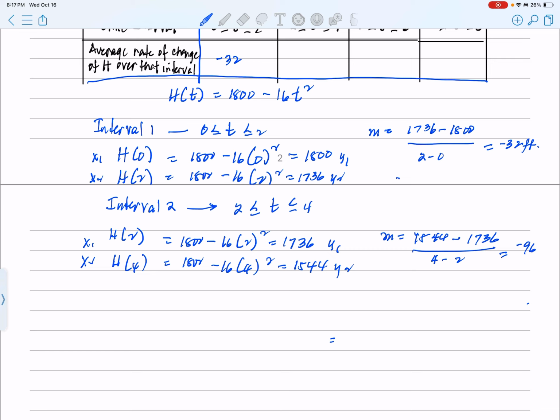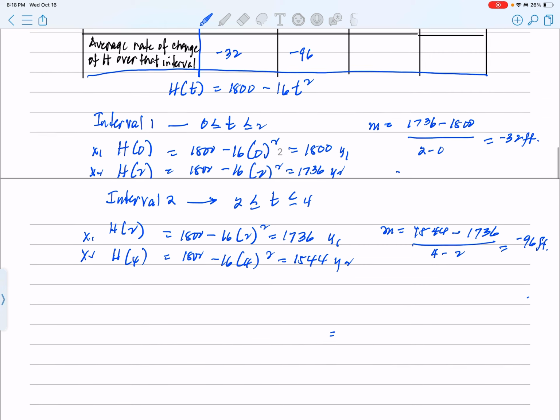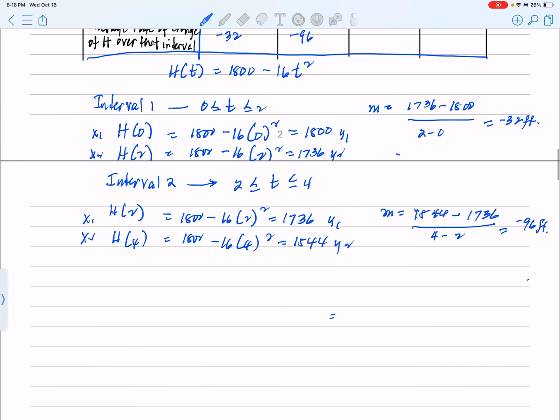This is feet per second, 32 feet per second, 96 feet per second, because that is over the time.